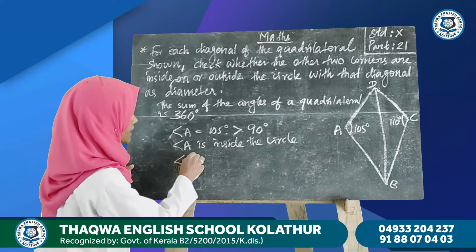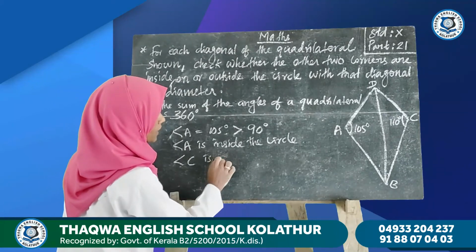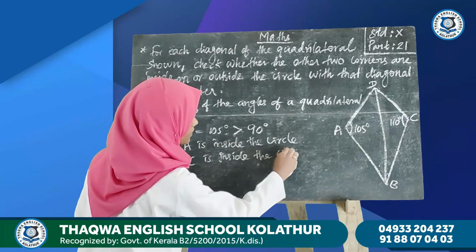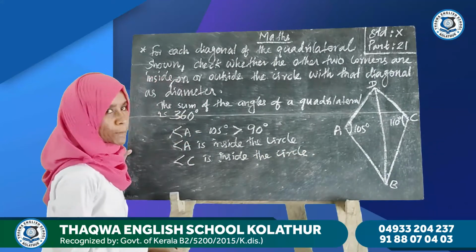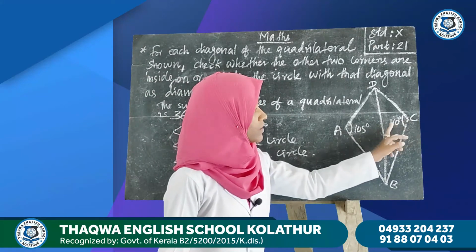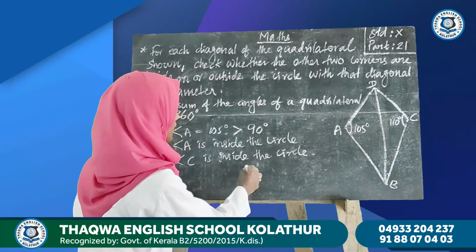The next, angle C. Angle C is also inside the circle. Why? 110 is larger than 90 degrees.